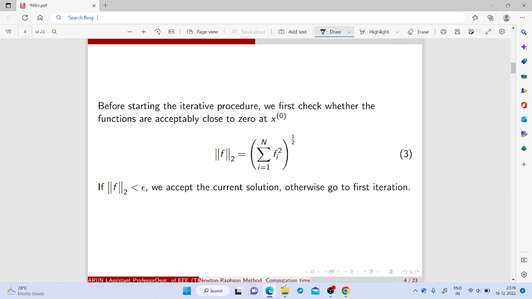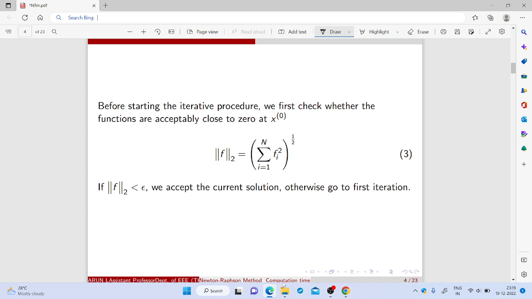Now, before starting the iterative procedure, first we have to check whether this initial guess is very close to the solution. If it is acceptably close to the solution, then we can stop the process at this point itself. There is no need to go for an iterative procedure if the initial guess itself is close to the solution.